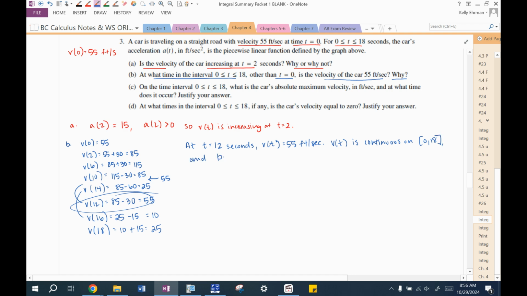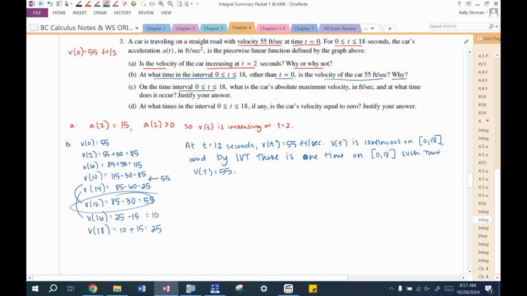And by IVT, there is one time on 0 to 18 such that v of t equals 55. I don't really know if I had to add that or not. I've done the math here to show that that's got to be the case. But I don't know, just throw it in there. We can check the scoring guidelines to see if I needed that.